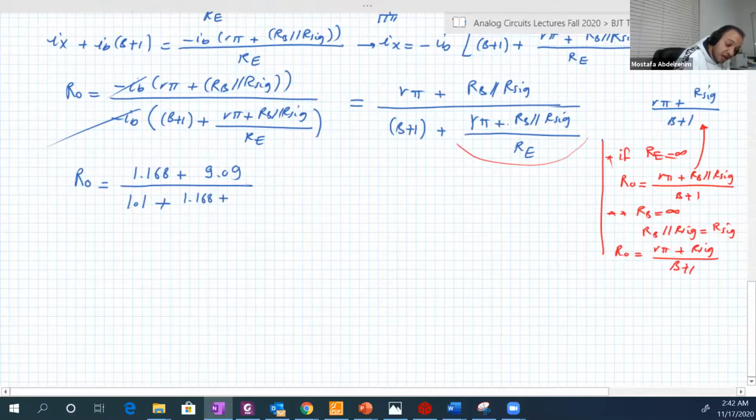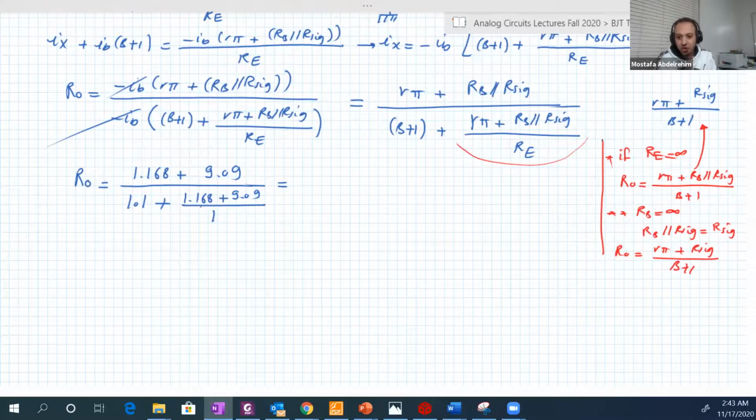So it's around 10 in the numerator, divided by 101 plus 10 again, so it's approximately 10 over 111 or something.